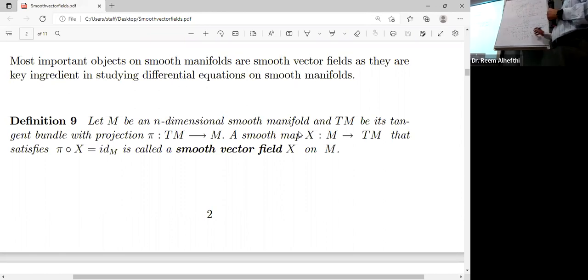This is a real number, because a tangent vector operating on a function is a real number. So this is a well-defined function. A smooth vector field acts on a function to give you a real-valued function Xf defined this way. And it is easy to prove that this is smooth.